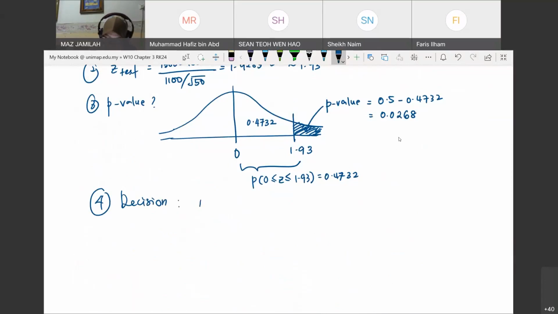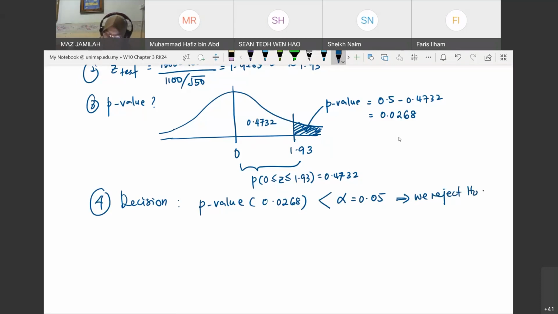Our p-value is 0.0268 and our alpha is 0.05, and definitely we know that alpha is greater, so we reject the null hypothesis.